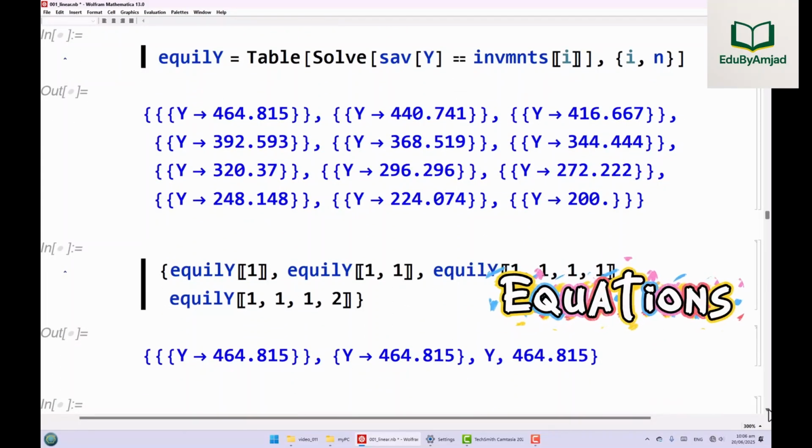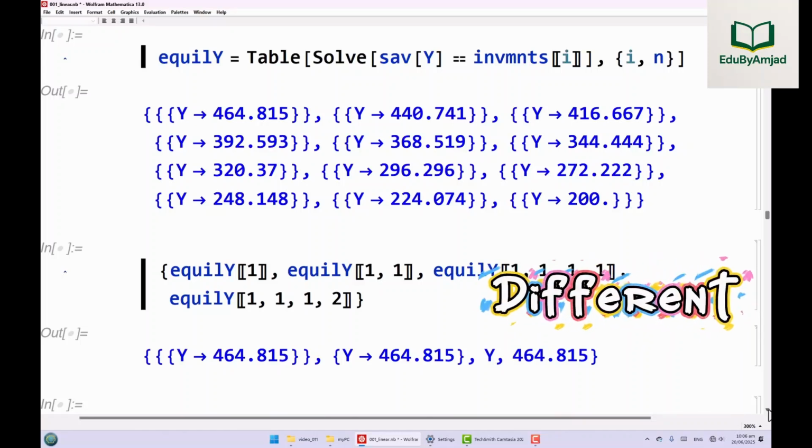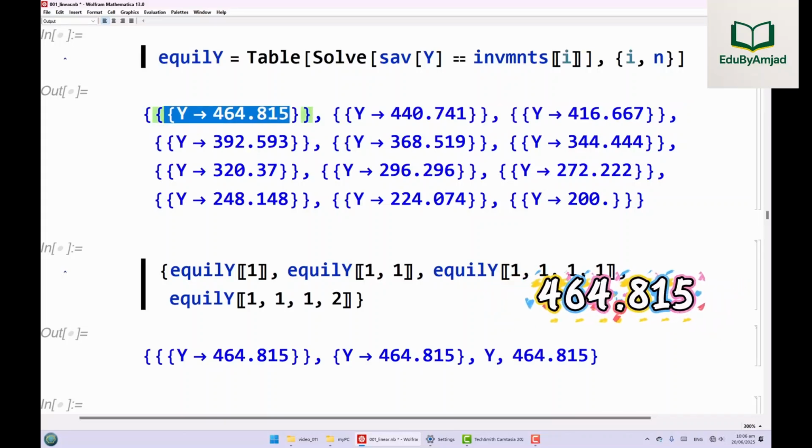Solving these 12 equations, Mathematica gives us 12 economy-wide equilibrium levels of national income for different periods of time. These are the 12 equilibrium levels of national income. They range from 200 units of currency to 464.815.